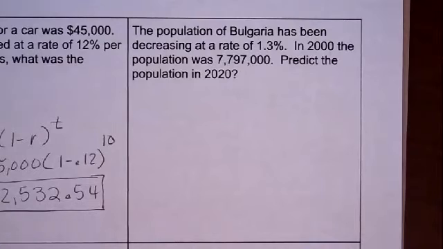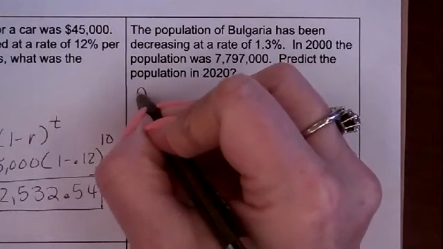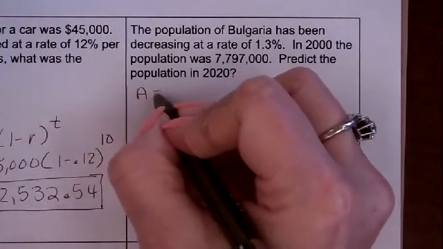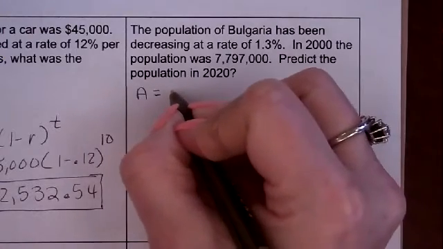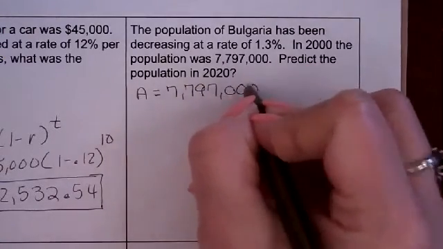Example 2, the population of Bulgaria has been decreasing at a rate of 1.3%. In 2000, the population was 7,797,000. Predict the population in 2020. So again, identifying our numbers. A, our principal, is 7,797,000.